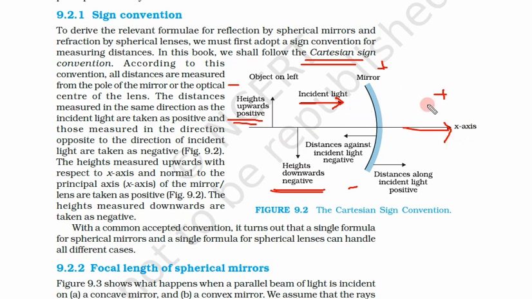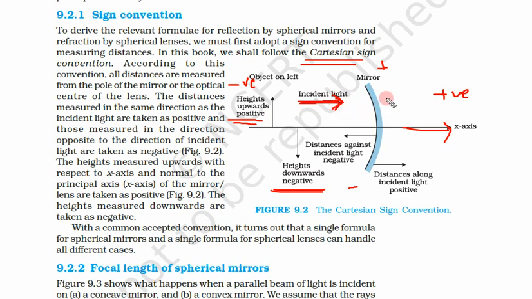Distances towards the right of the mirror are positive and distances on the left side of the mirror are negative. But one important thing is that the direction of incident light is towards the positive x-axis.